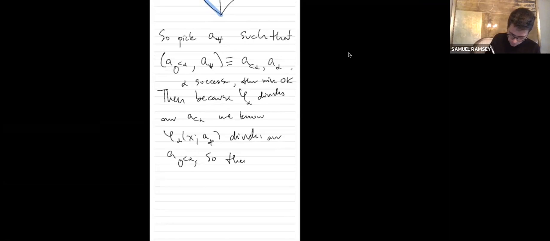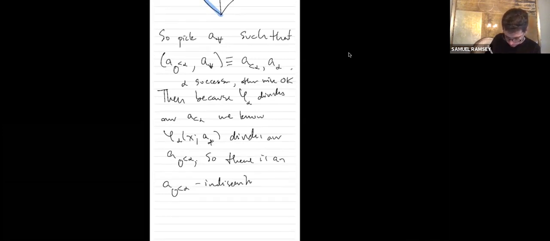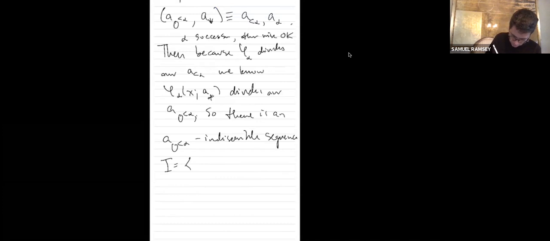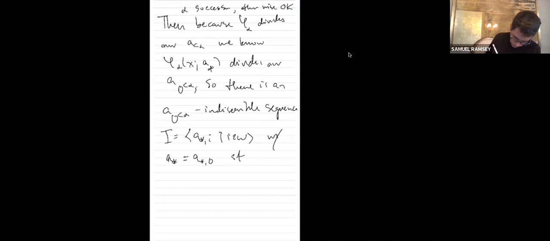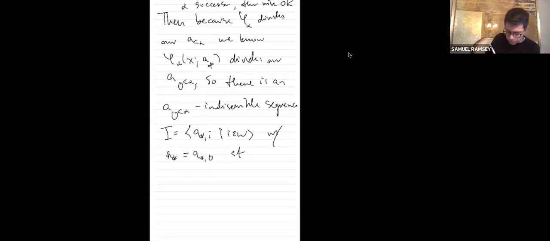So there is an a_0 to less than alpha indiscernible sequence (a star_i), i less than omega, with a star equal to a star_0, such that phi_alpha(x, a star_i), i less than omega, is k-inconsistent for some k.